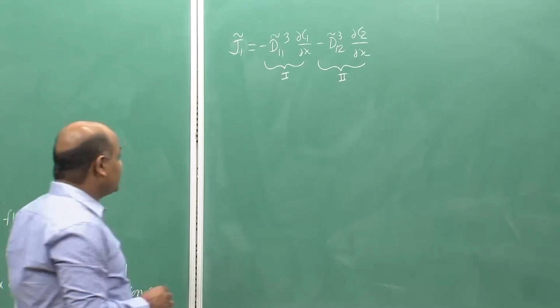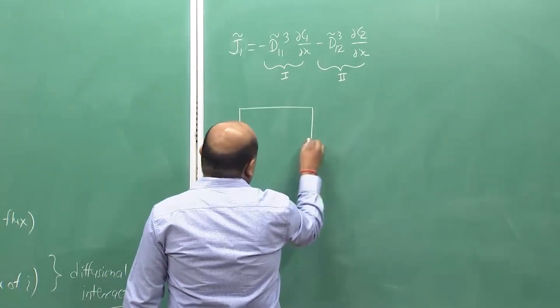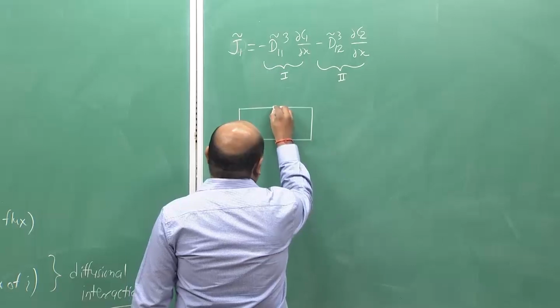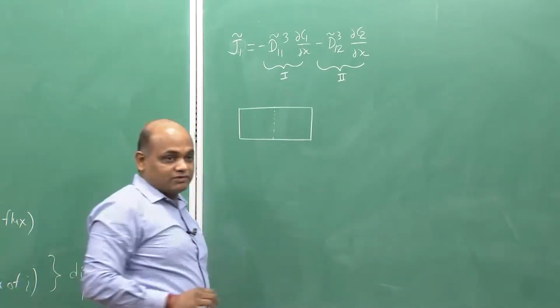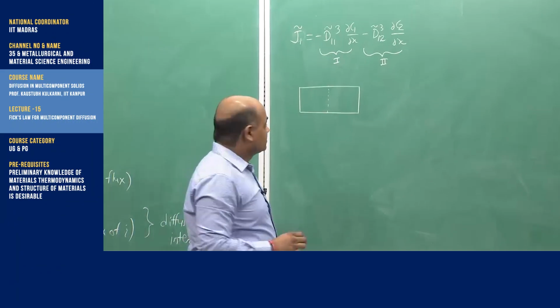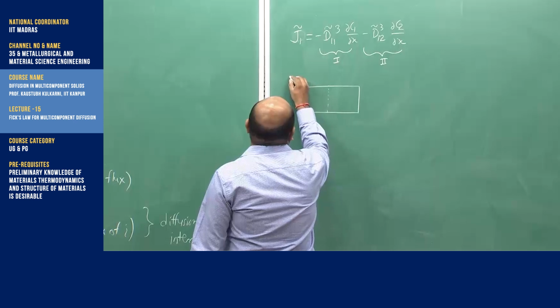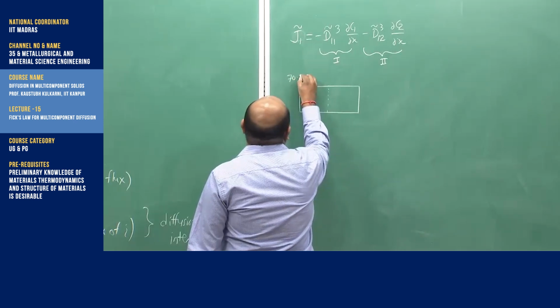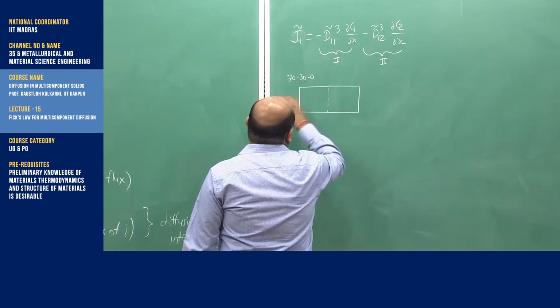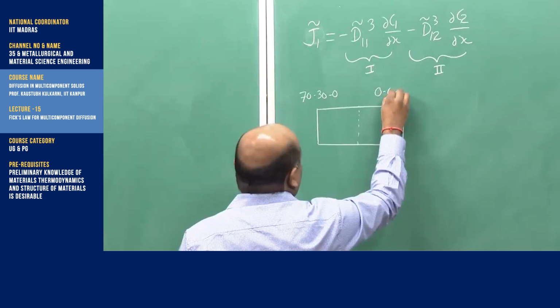So, let us consider two cases. I am allowing diffusion between two different compositions of alloy 1 to 3. Let us say the first one is 70, 30, 0 and the second terminal alloy is 100% of 3.